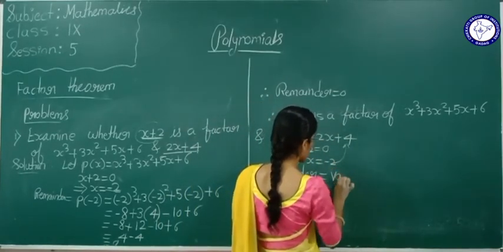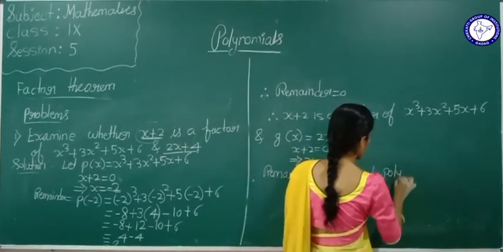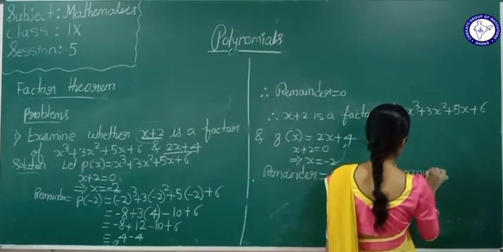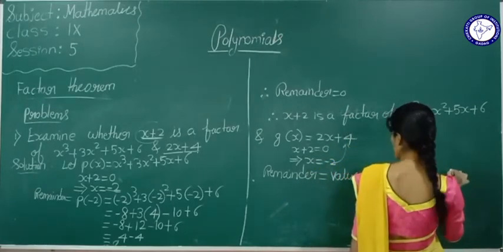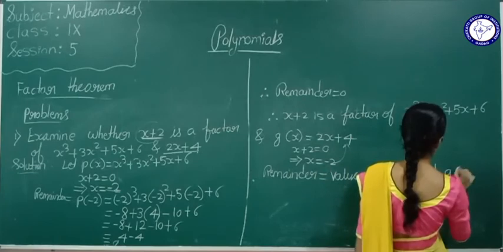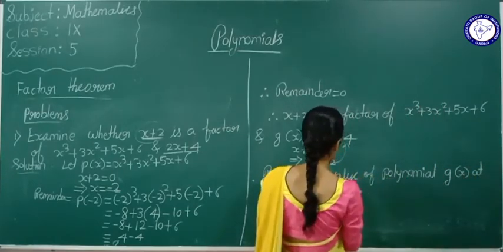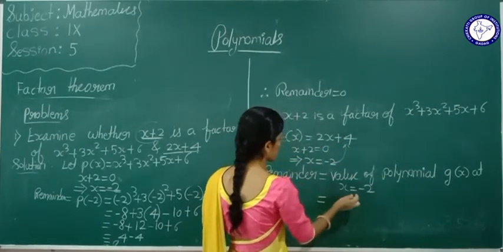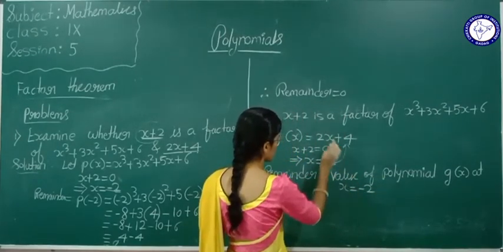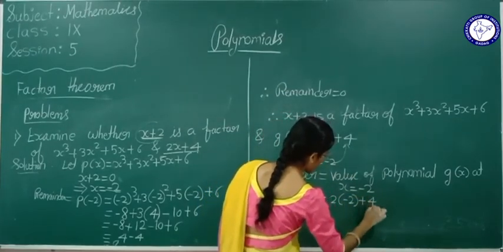Remainder is equal to, you can write step by step, value of polynomial g of x at x is equal to minus 2. Now see, you substitute x is equal to minus 2 in this polynomial. What is that? 2 of minus 2 plus 4.